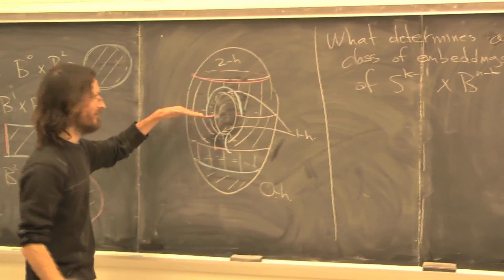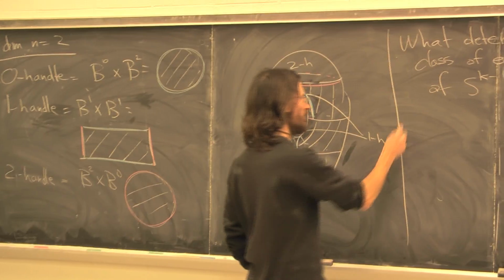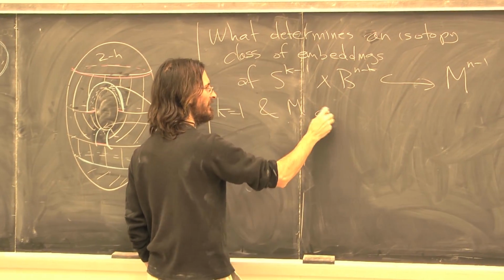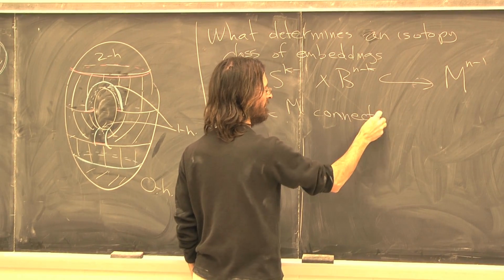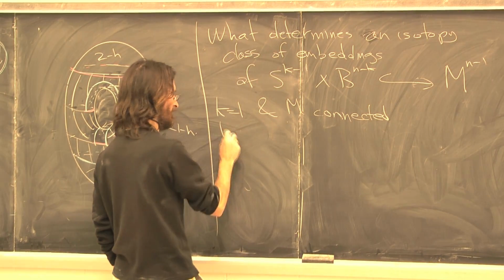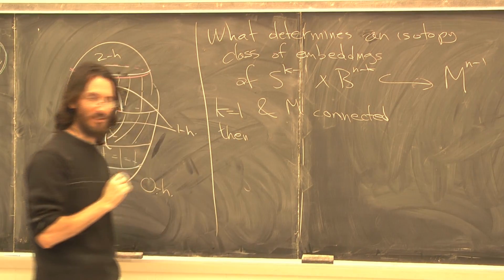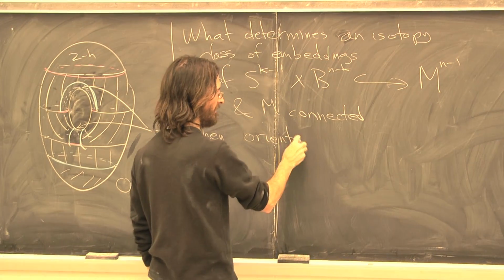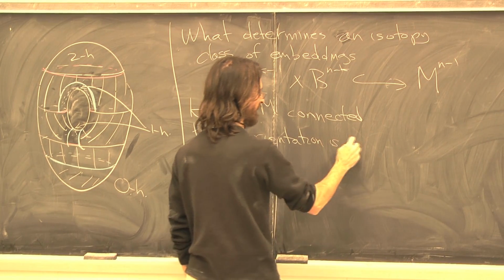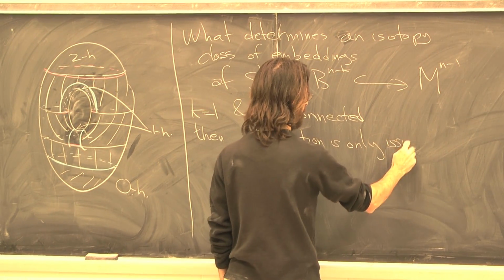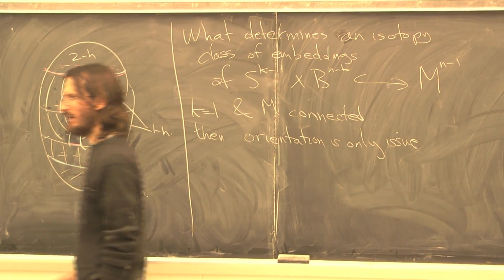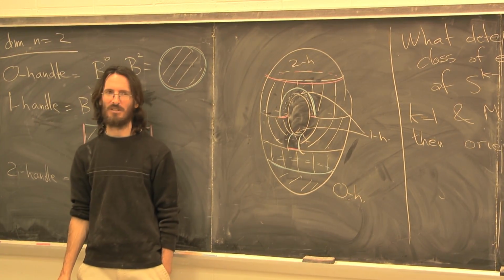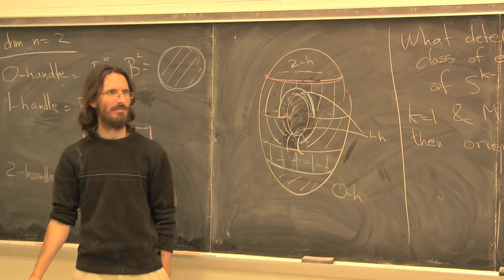The (n-1)-dimensional manifold is here. And so if k equals 1 and M is connected, then, you just have to think about it on your own, orientation is the only issue. If you do it one way, you will construct a non-orientable manifold. If you do it another way, you will construct an orientable manifold.